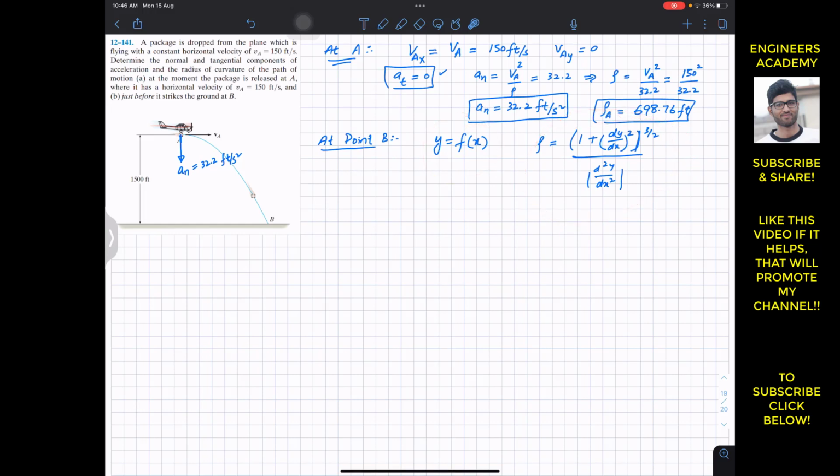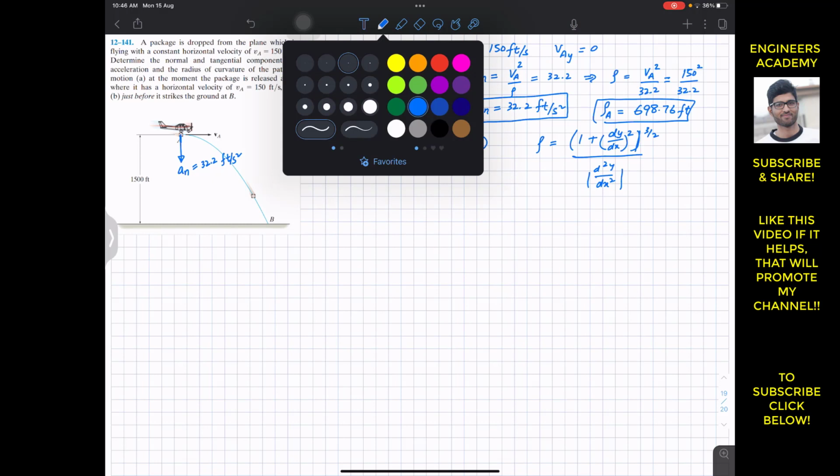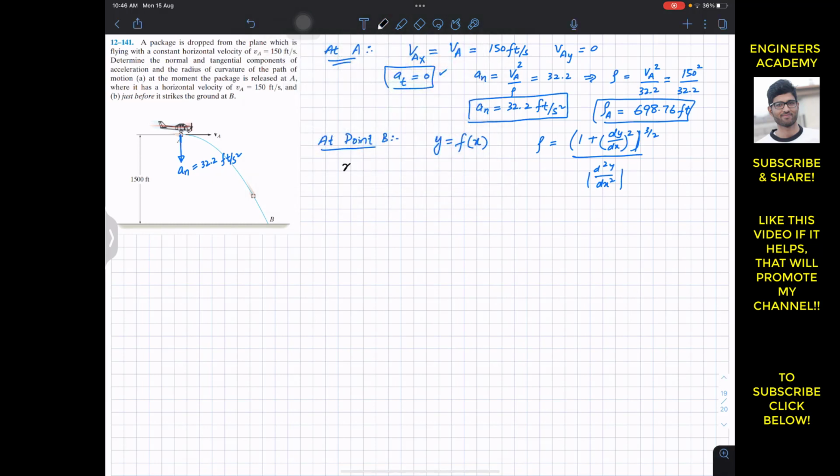Now we can apply the kinematic equations for the projectile motion. We know that x is equal to x naught plus VAX into t, if we apply the horizontal motion equation.